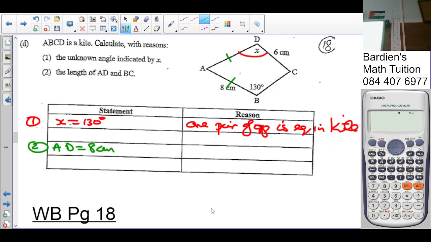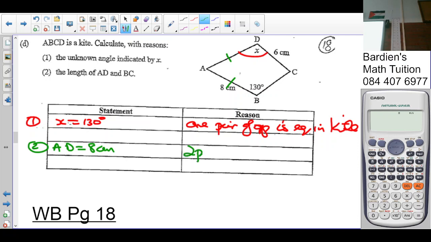Right. You always want to prove the teacher wrong, but this is one of those times. You're looking at the wrong place. Okay, so AD is 8 centimeters. Why?